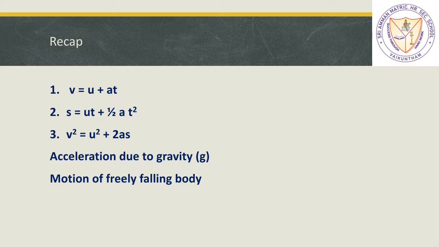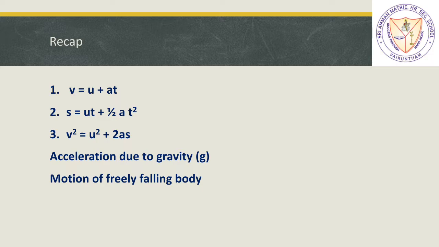If any object is falling freely, then we take the acceleration as plus g, and using these we took the help of equations of motion and we calculated the asked quantity in the case of motion of a freely falling body. I hope you went through those 3 or 4 video lectures where we discussed about the equations of motion and their importance, some numericals, and freely falling body.